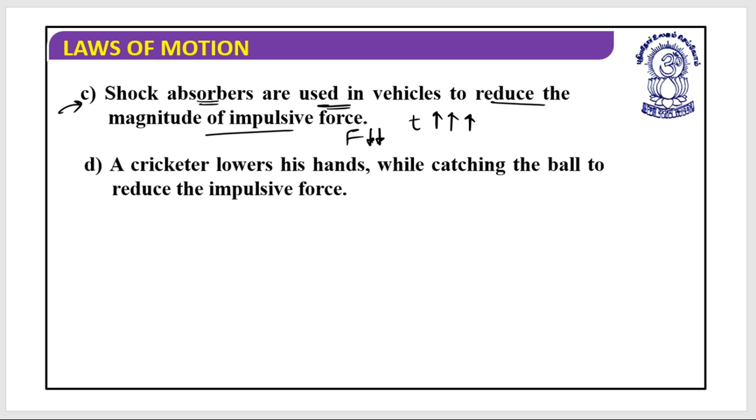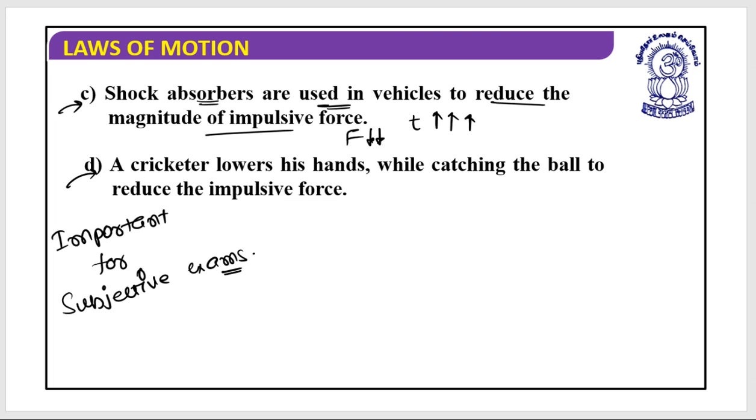So if time is increasing, force will decrease. And one more: a cricketer lowers his hand while catching the ball to reduce the impulsive force. I'm sure you might know all this. So please do remember this. This is important for subjective examinations. Please do remember this.